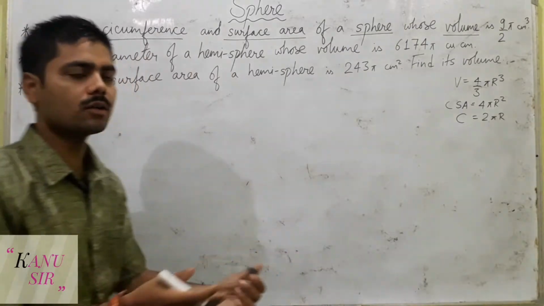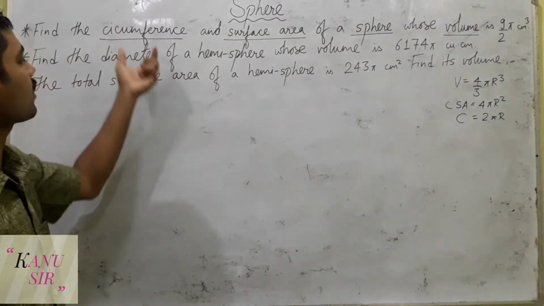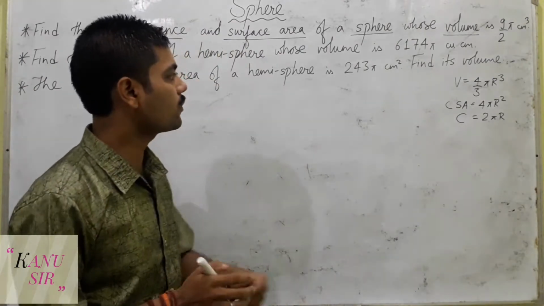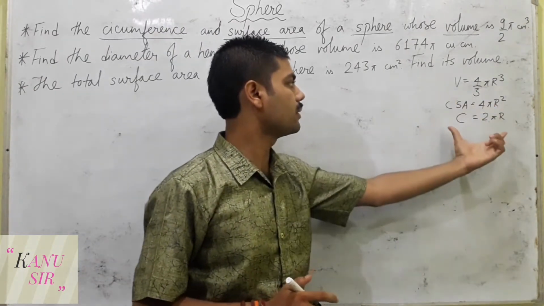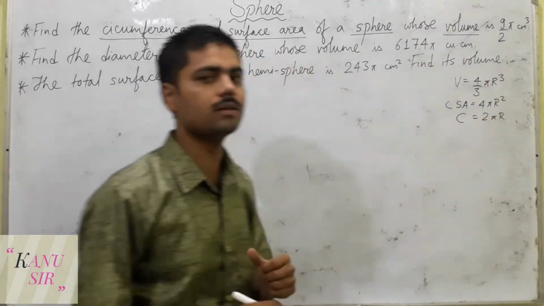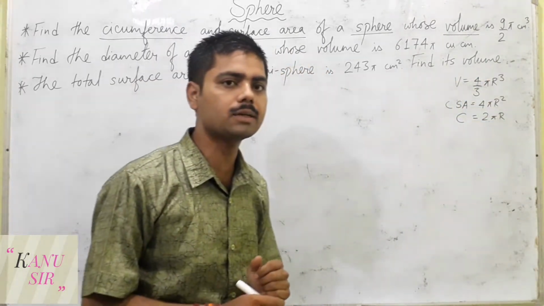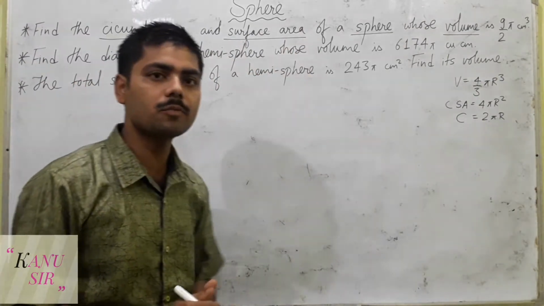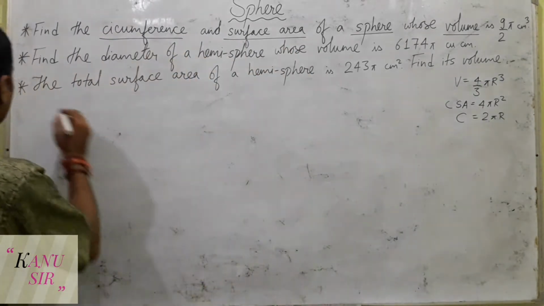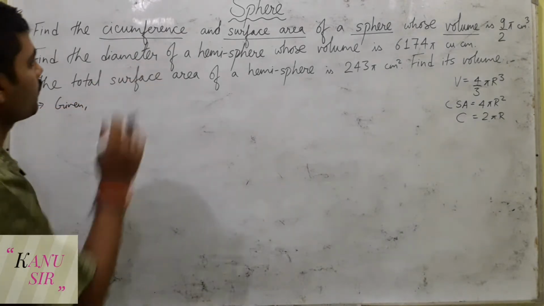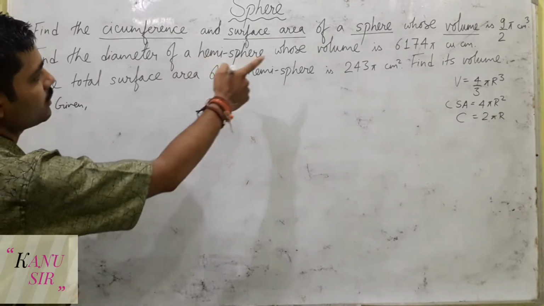Because it looks like a circle, we actually write the circumference of a great circle. If you are still confused how the formulas are written, you can go to the I button and find the formulas I explained in the previous videos also.